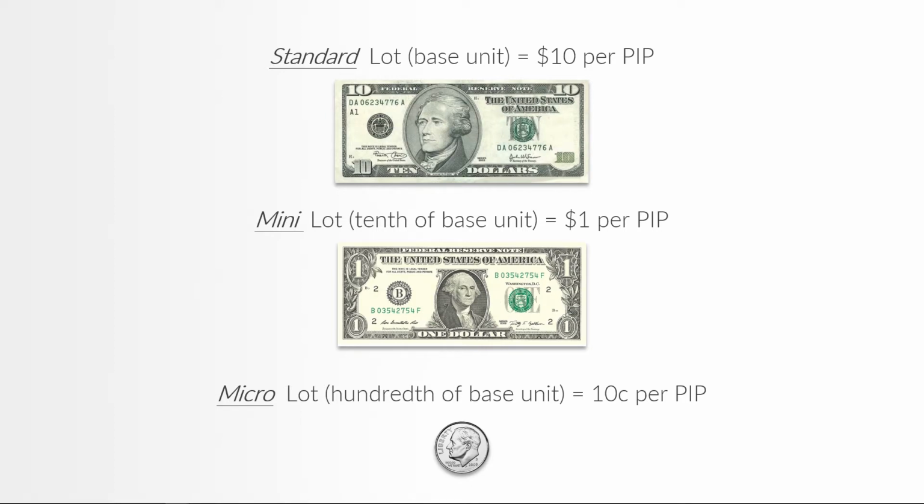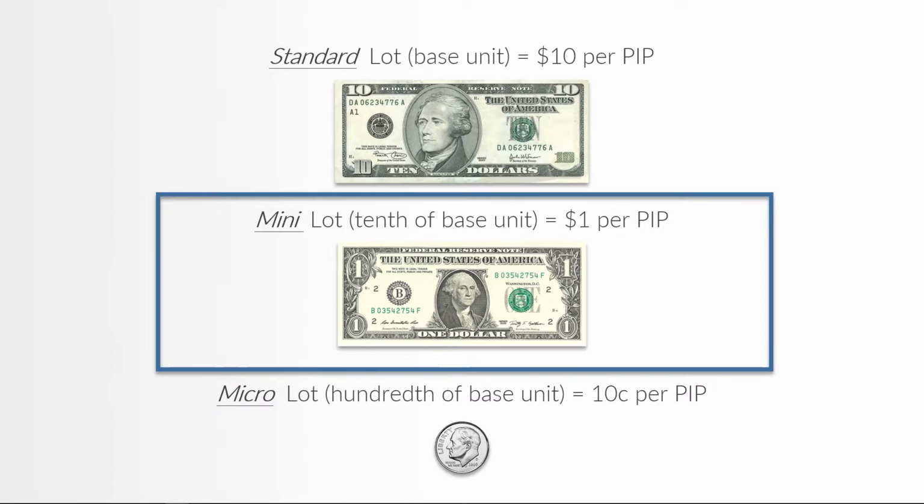So if you have an account in a currency other than US dollars, then you've got to take that exchange rate into account as well. A dollar per pip is the one that we tend to focus upon, because it's very easy to calculate. For that reason, a lot of people tend to think in terms of mini lots, 0.1 trading at $1 per pip movement.